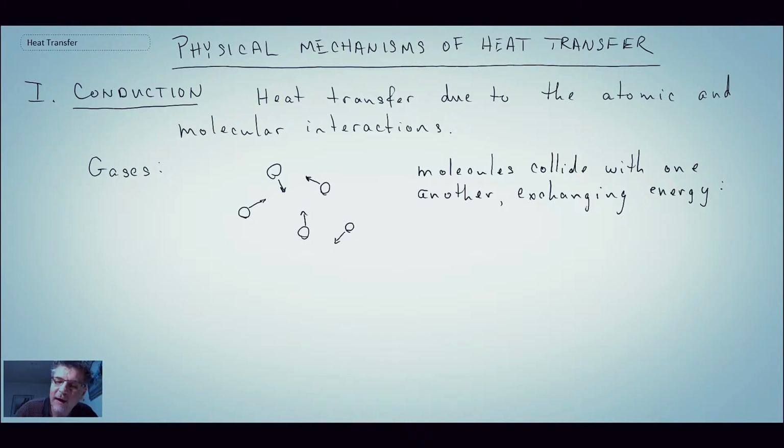So it is that energy exchange that is represented by conduction within a gas.